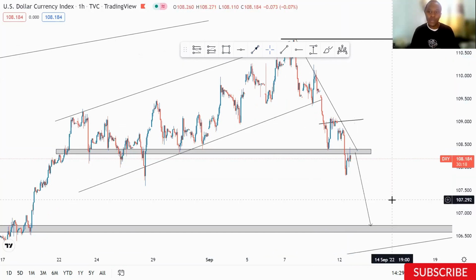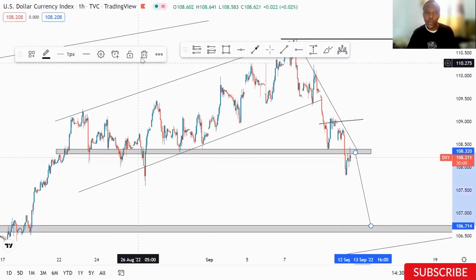What does this mean? This means that if the DXY continues being a sell, then the US dollar as a currency also loses value against the other currencies. So I'm talking about currencies like EURUSD, GBPUSD. Those are the currencies that you will now have to buy because the dollar is going to be weak, right? So this is currently what I'm anticipating.